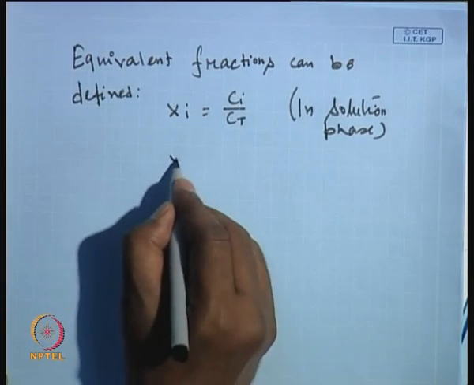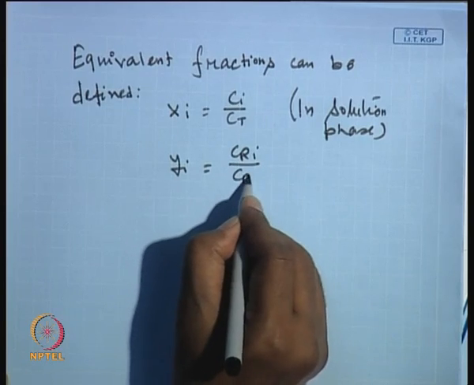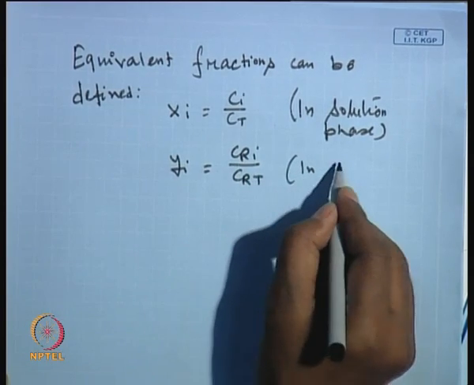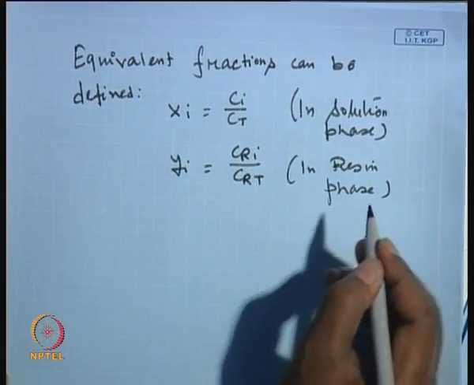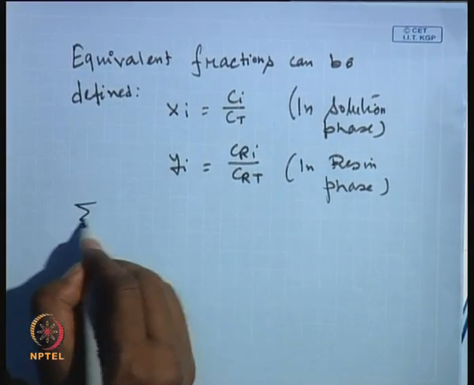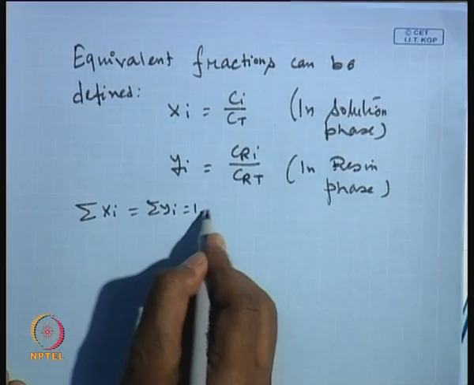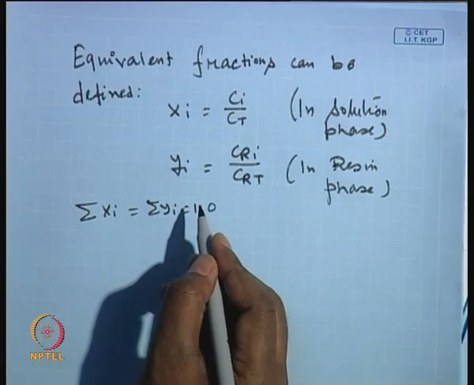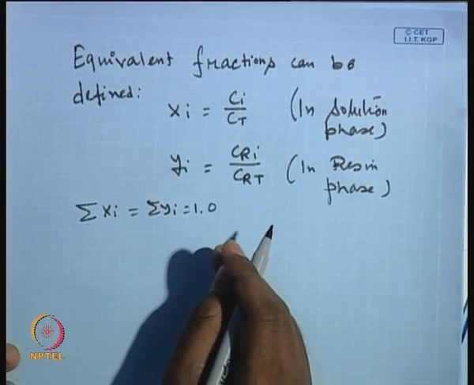In resin phase, you will have y I is equal to C R I divided by C R T in resin or the solid phase. Please note that summation of x I is equal to summation of y I will always be equal to 1. Mole fraction of all of them will be equal to 1. Okay.